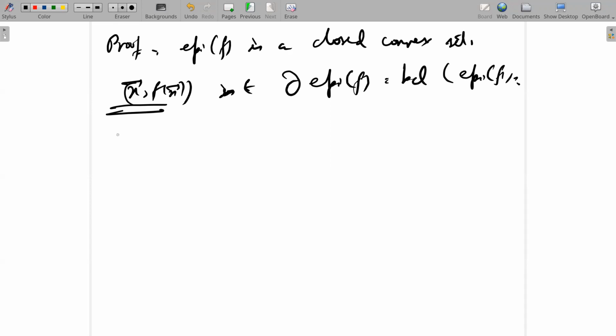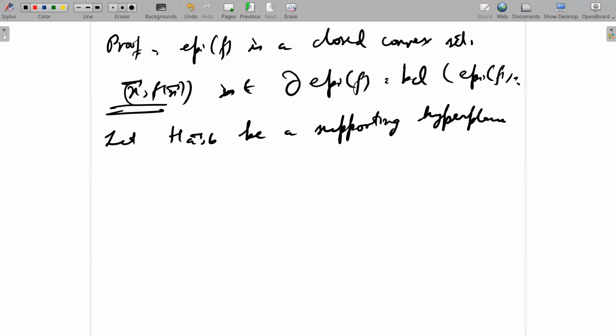So now let H_{a,b} be a supporting hyperplane at (x, f(x)). H_{a,b}, remember, is like a dot x plus b, where b is the offset and a is the outer normal vector, right? And here we have a is not equal to 0.